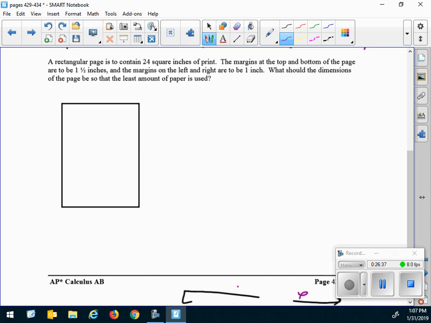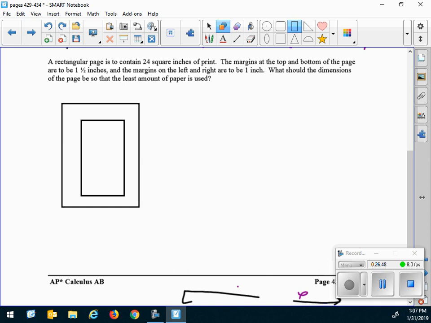Now we've got print that's in a rectangular shape inside the page.